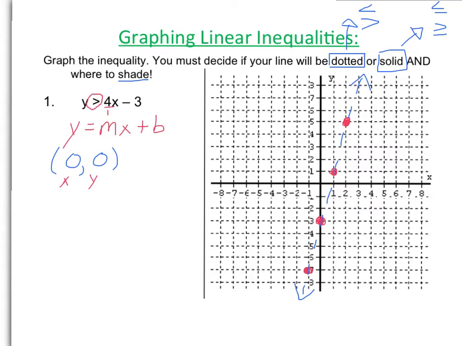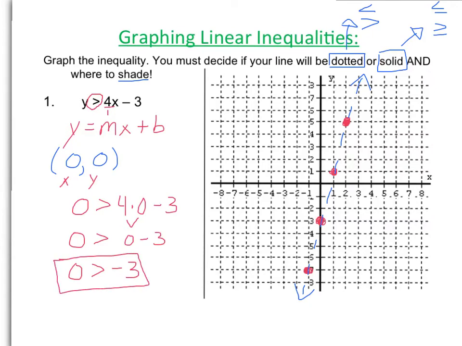So we plug in 0 for y, 0 is greater than 4 times the x value, which is also 0, we substitute, and then we copy the -3. Now we have to simplify, 0 minus 3, and over here we bring down 0, so we end up with 0 is greater than -3.